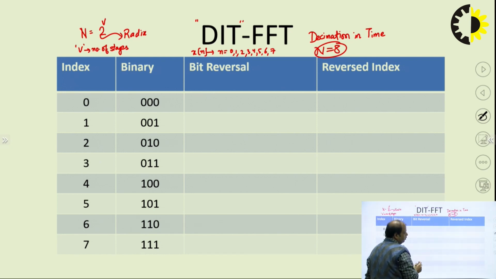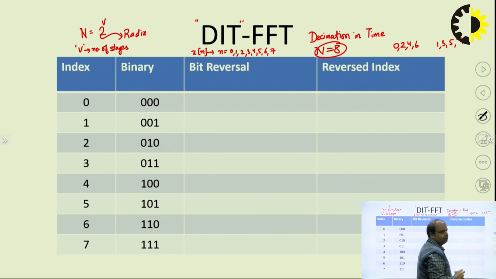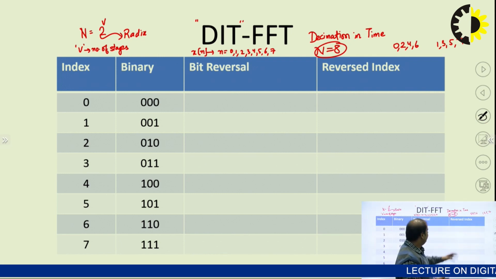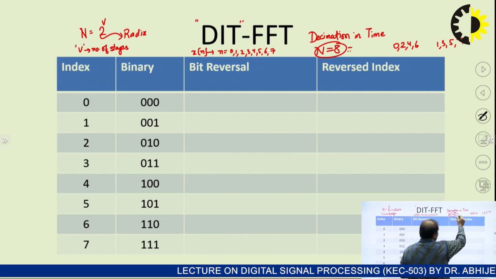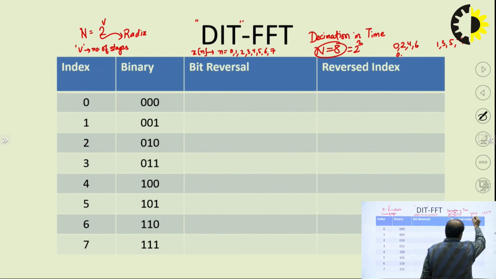Just for understanding purposes, if we take the even portions alone, it becomes 0, 2, 4, 6, and the odd components 1, 3, 5, 7, and a second shuffle, because how many stages will we have for this? This is equal to 2 raised to the power 3. So in the second stage, we again calculate n by 4. If we calculate n by 4, 0 and 4 come together, and 2 and 6 come together. Similarly, here 1 and 5 come together, and 3 and 7 come together.